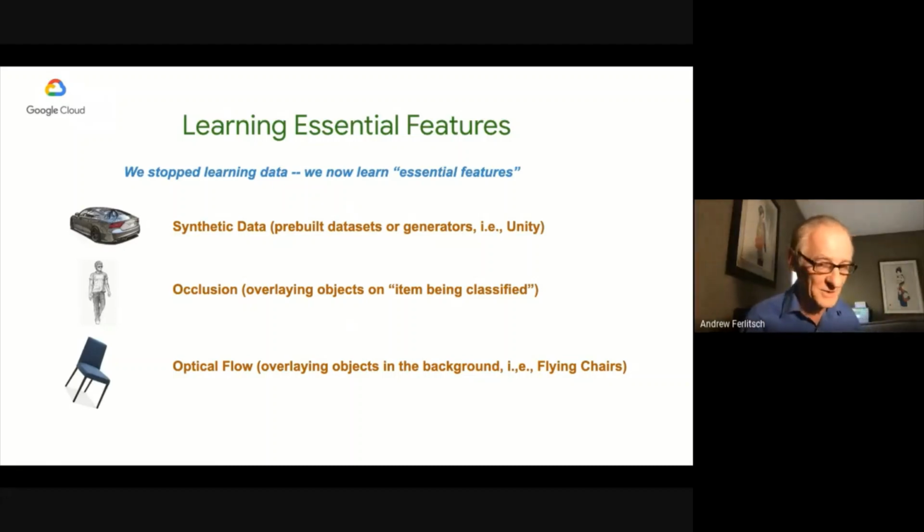Very popular ones are using synthetic data, which are these pre-built data sets or generators, like from Unity. Occlusion, this is the ability of overlaying objects on items being classified. And then there's optical flow, and that's overlaying objects in the background.